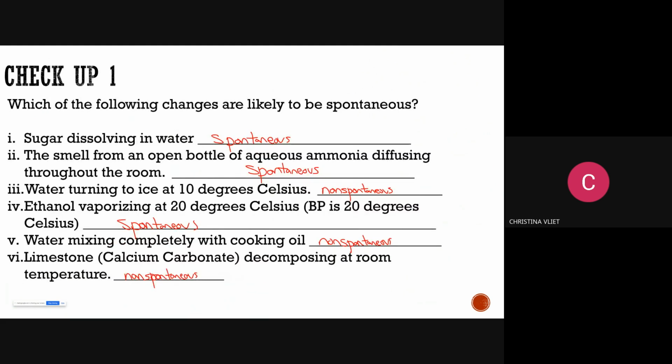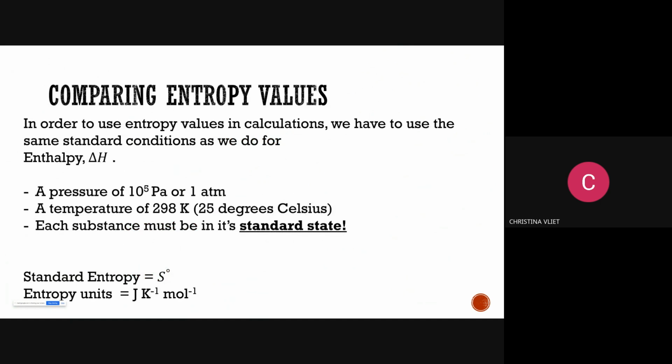All right, so are we good with this initial idea of what entropy is? So comparing entropy values. Do you remember delta HF? You remember that thing? Do you remember when it was 0? All elements in their standard state.